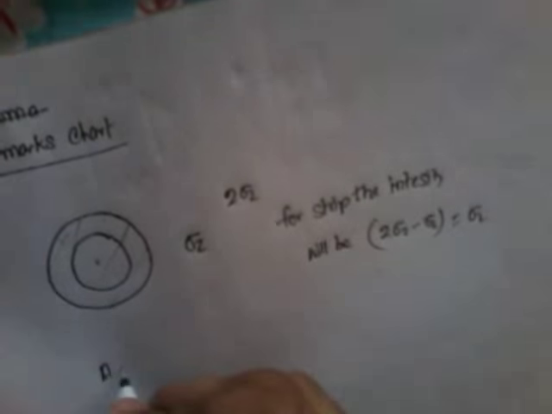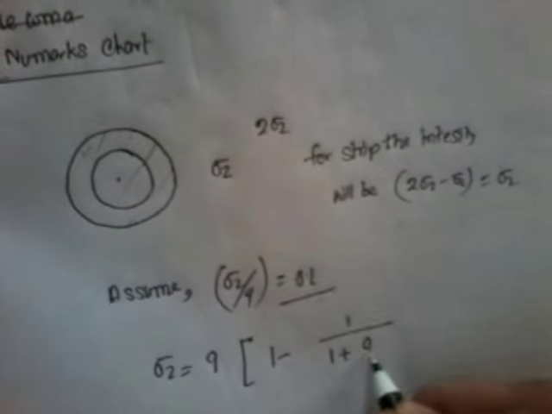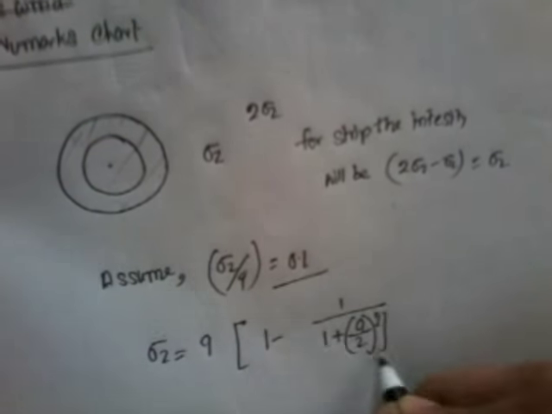Here we assume that sigma z by q equals 0.1. From the equation, sigma z by q equals 1 minus 1 by 1 plus a by z whole square, to the power 3 by 2.